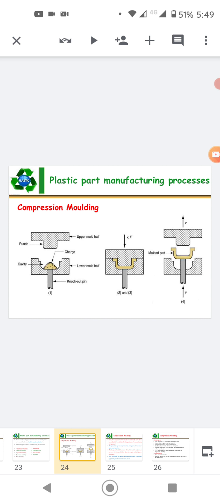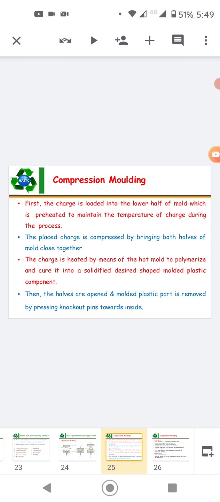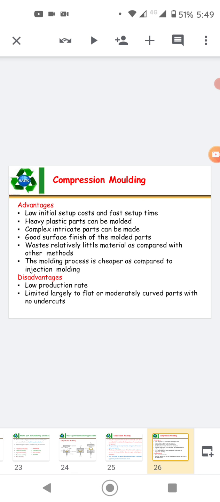The finished products are removed from the mold cavity while hot, by means of knockout pins, and a cooling fixture is arranged to cool the product before it leaves the machine. Advantage of compression molding: it has a low initial setup cost and fast setup time.